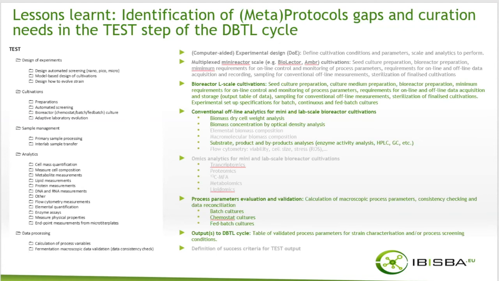Of course we had to go through all the analytics involved, and we also made new protocols describing how to evaluate and validate raw data from cultivations, and also how to calculate process parameters, for instance yields, productivities, etc.